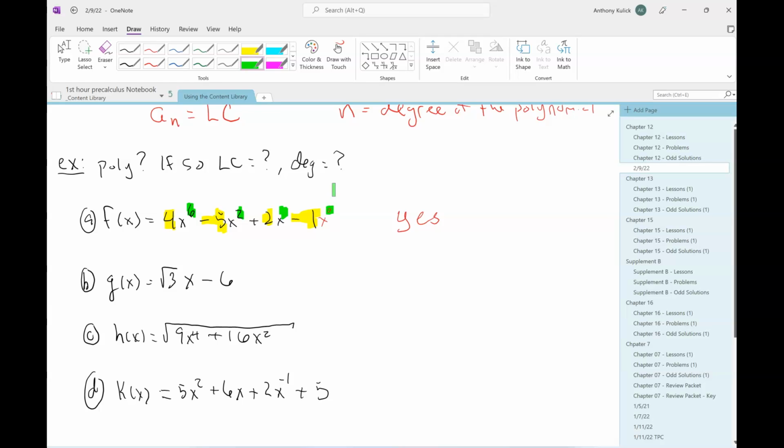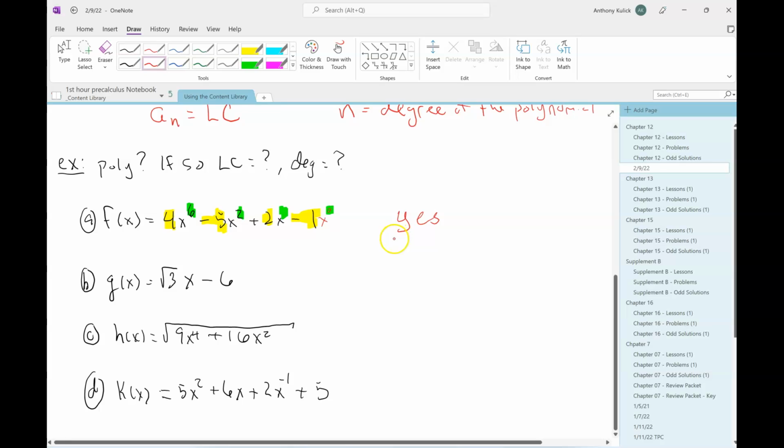The only other operations going on are the multiplication between a variable and a constant, which is fine, or addition and subtraction. So this thing is definitely a polynomial. So what's the leading coefficient in this case? 4. And the degree would be 6.